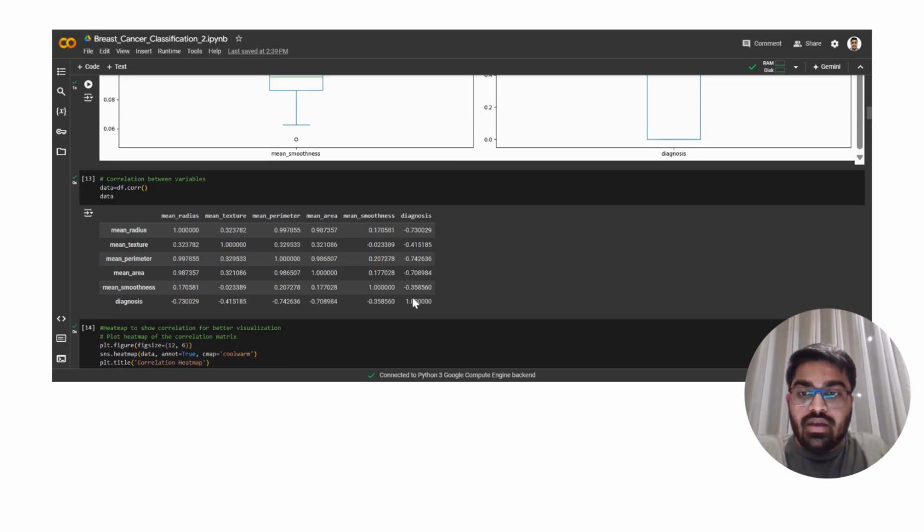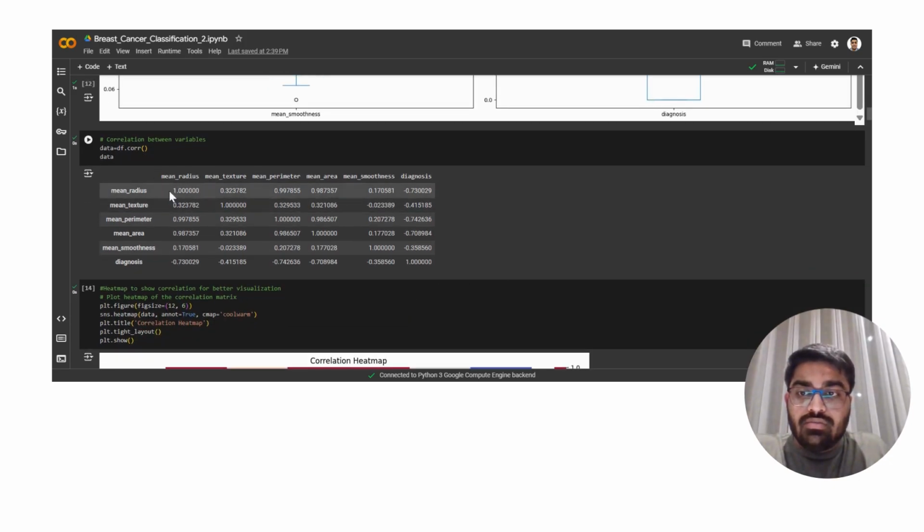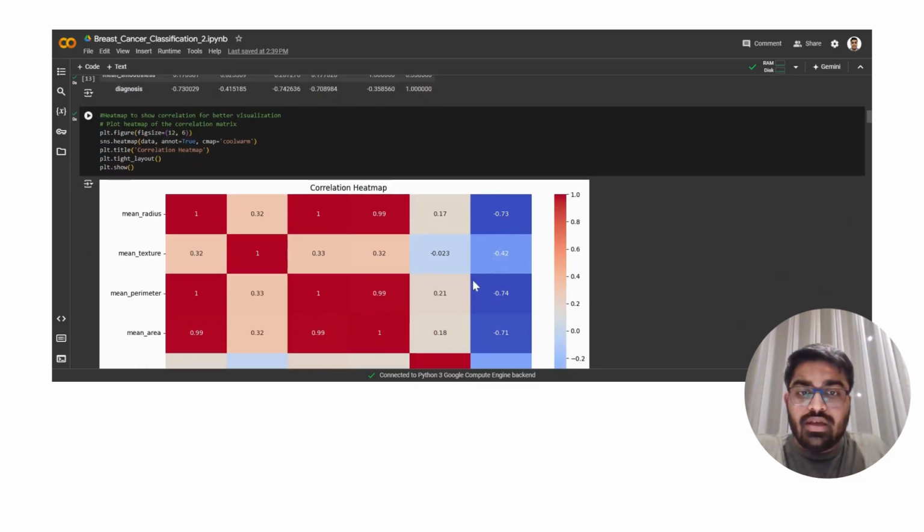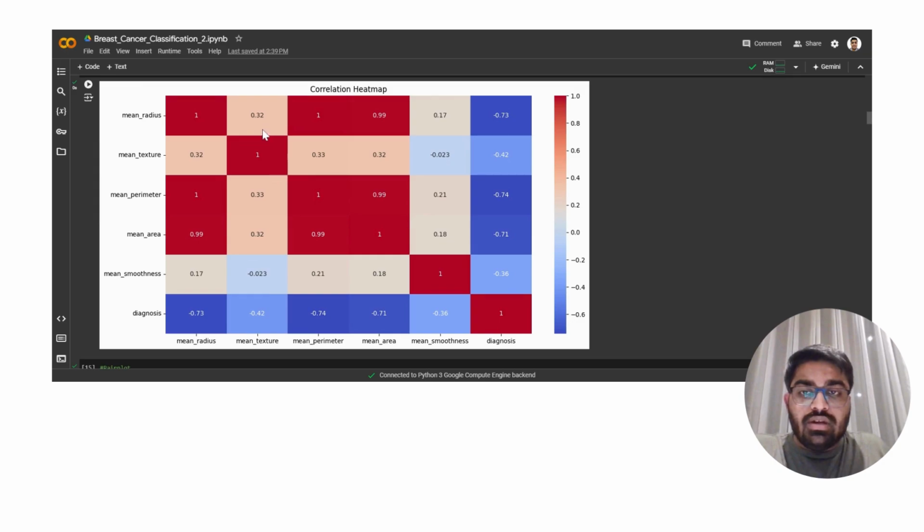So we wanted to check the correlation between variables, and we wanted to better relate that with the heat map. So we related that with the heat map, and we got to know that mean area is highly, positively correlated with mean radius. And again, mean perimeter has a strong positive correlation with the mean area.